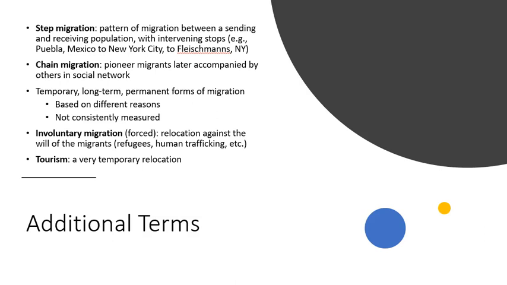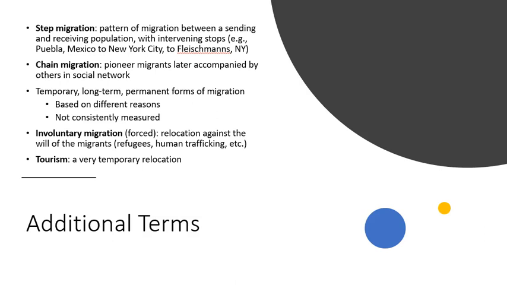Migration can also be temporary, long-term, and permanent, or it may be very short-term and semi-permanent. There's quite a bit of variation in the length of stay for different reasons. There's also involuntary migration, which is when somebody is forced to either come in or go out of a particular place.